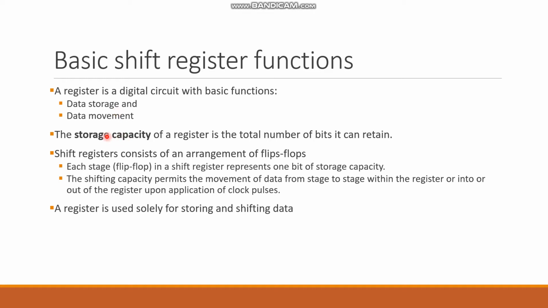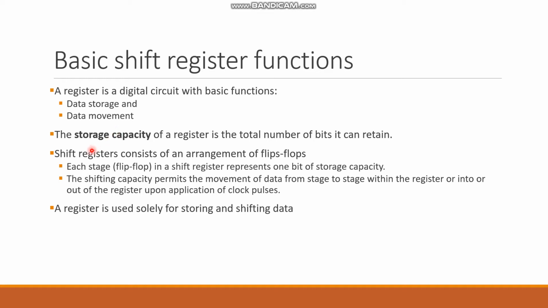The storage capacity of each shift register is based on the total number of flip-flops that are used inside that register. So as many flip-flops as we have, that is how many binary bits the shift register can store.